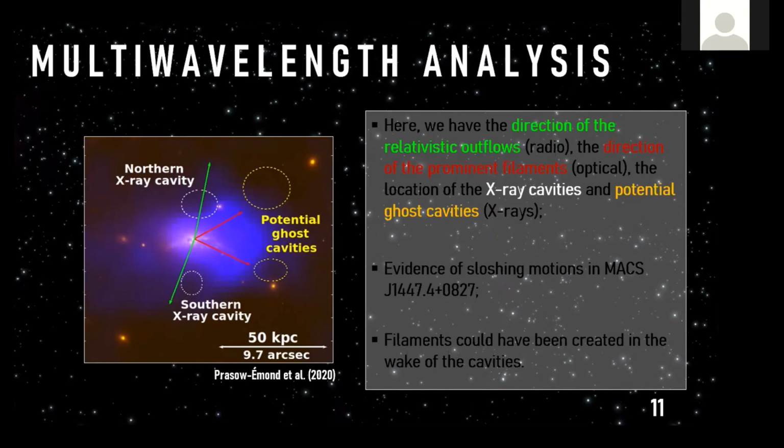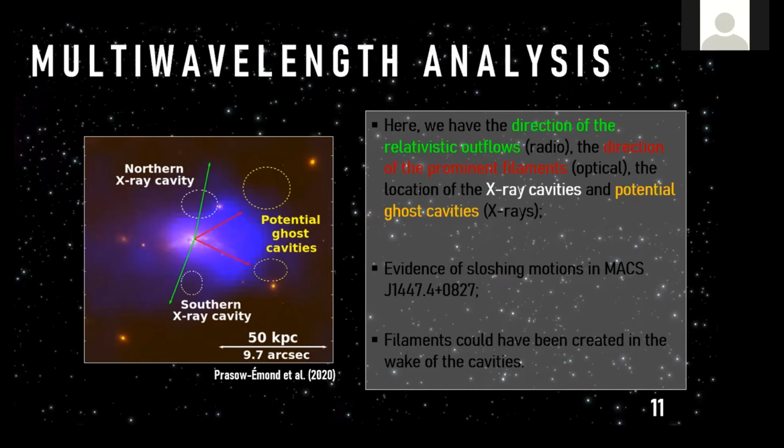The other proposal that we put out, Chris Reynolds, Prateek Sharma, and myself, I think it was in 2013, is that periodically the AGN itself will change direction, and that will then lead to a set of cavities being created in a completely different direction.